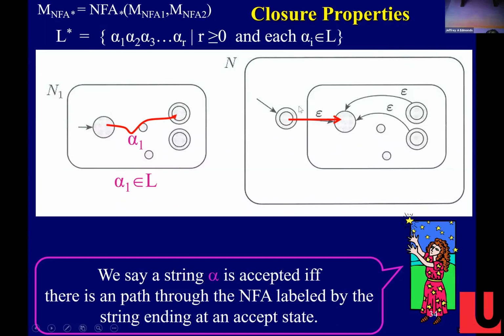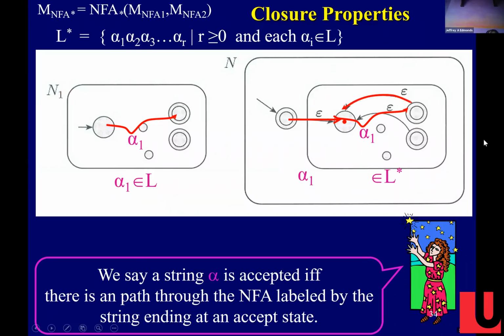We're going to commit to starting here, and then we're going to read alpha 1. If this machine accepts alpha 1, then this machine is going to get here for alpha 1. So now we know that alpha 1 reaches an accept state, so alpha 1 is in L star. And sure enough, if alpha 1 is in L, then alpha 1 is in L star.